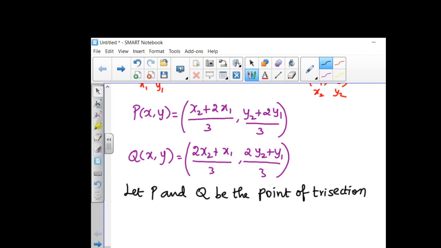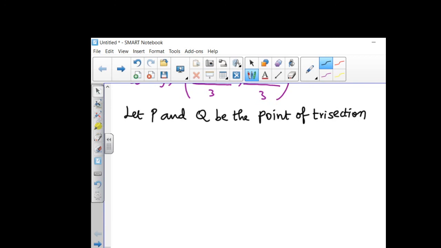Okay, trisection means the line is divided into 3 equal parts. So that means AP is equal to PQ is equal to QB. Okay, so then you can apply the values.